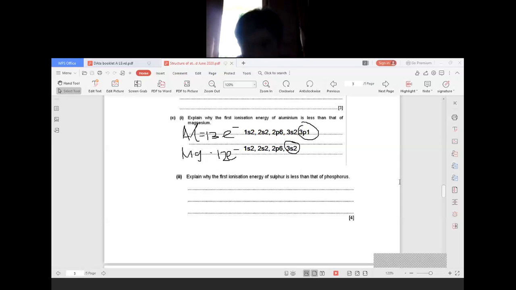Aluminium ends with 3p1. Magnesium, 3s2.